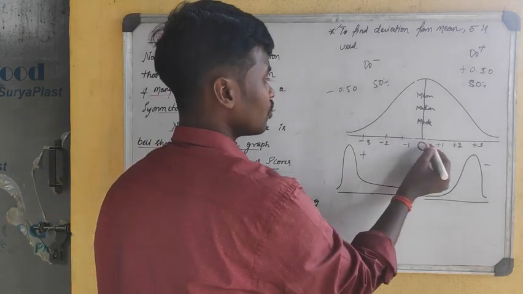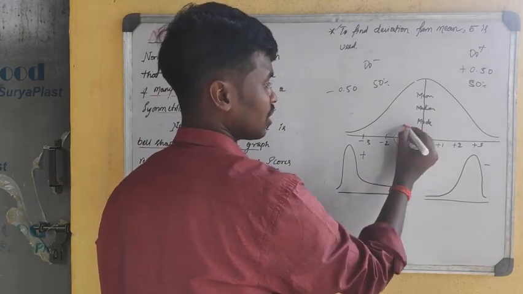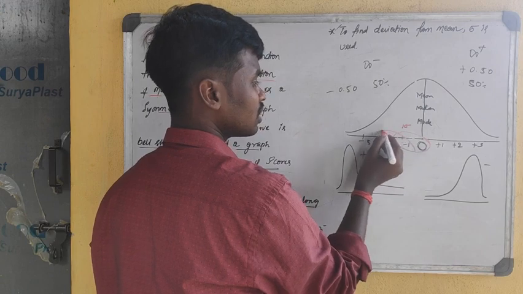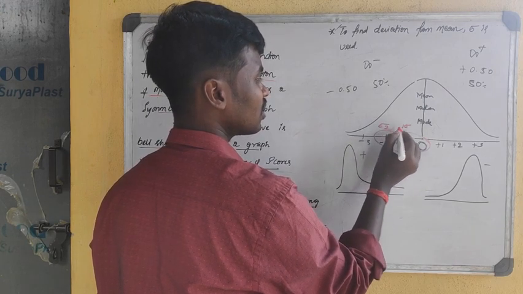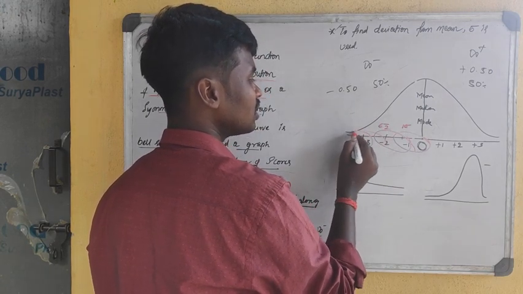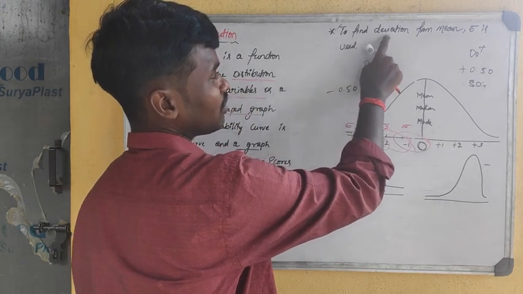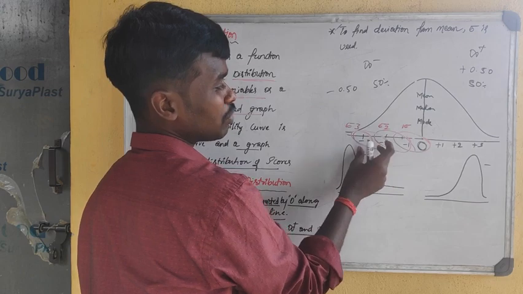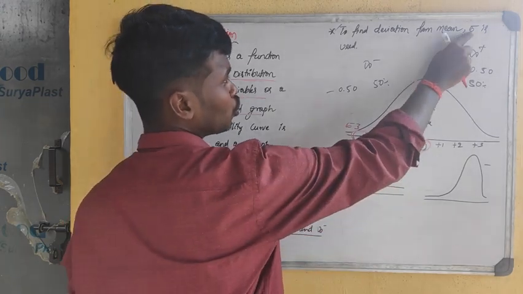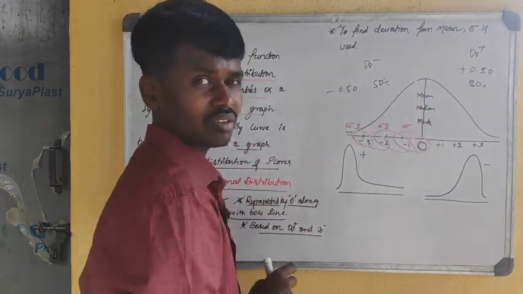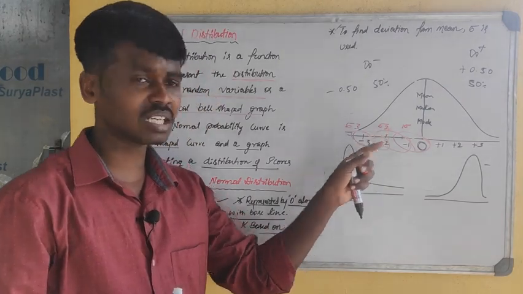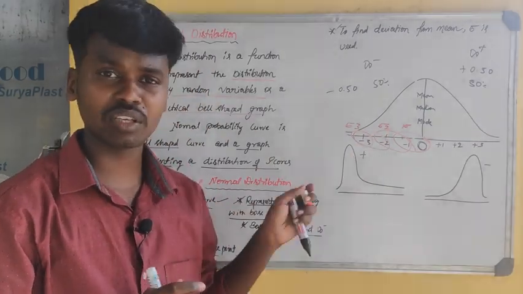See, this is the first standard deviation, this is the second standard deviation, and this is the third standard deviation. To find out the deviation between the random variables, we are going to use the standard deviation. How to calculate the standard deviation, we have already discussed in the previous session.